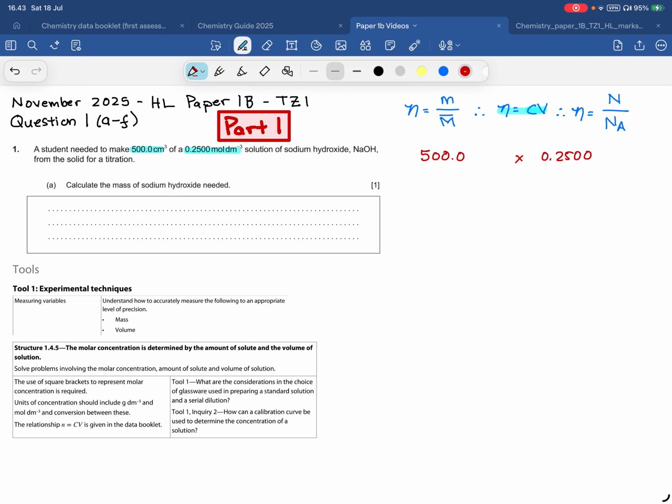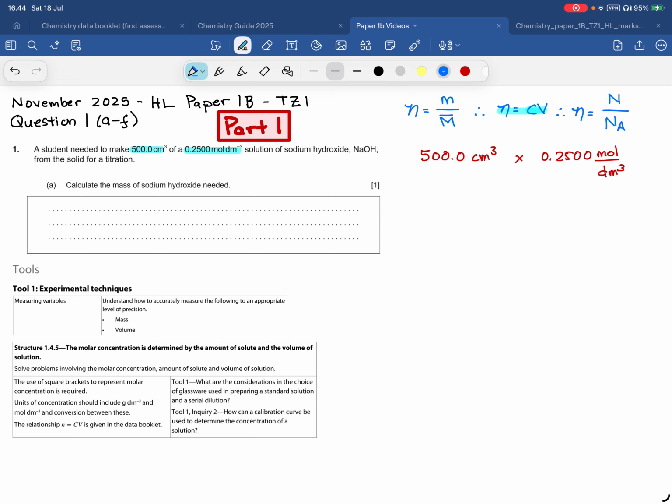And the reason is the concentration is in moles per decimeter cubed, whereas the volume is in centimeters cubed. And those do not cancel out. Okay? So just for yourself, I suggest that you always use units.